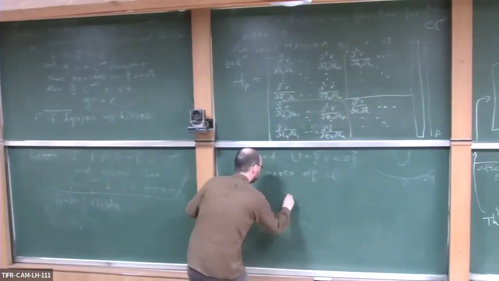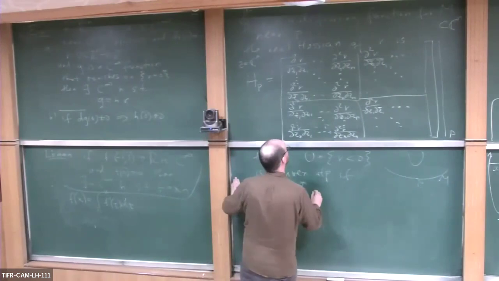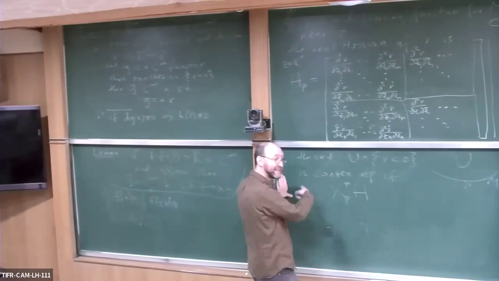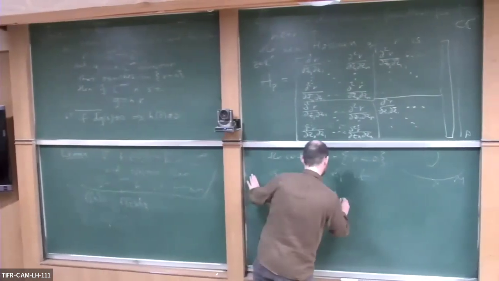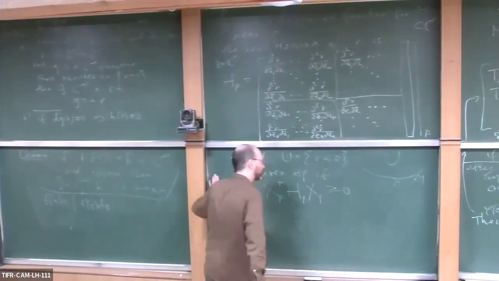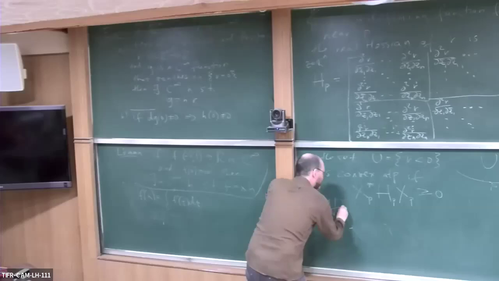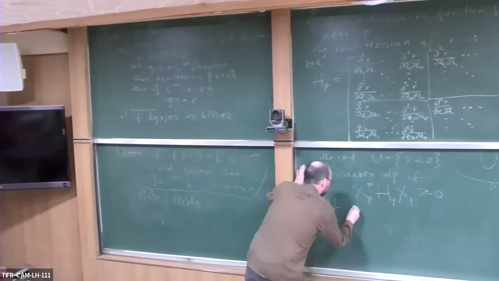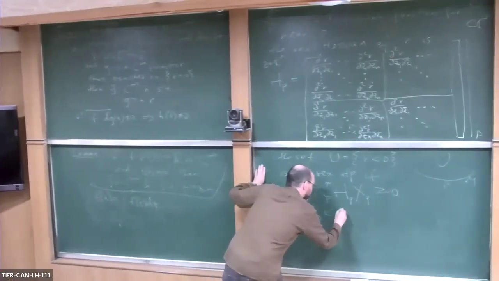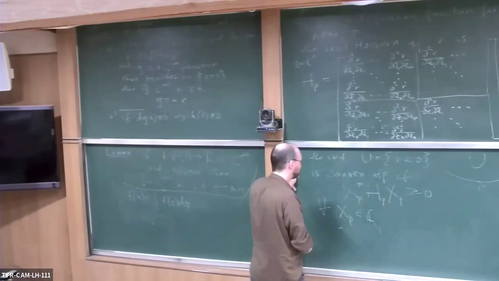If the Hessian, applying the standard inner product here, at P, is positive semi-definite, not for all X, but for all X_P in the tangent space. So I guess we use the complexified tangent space because we're complexifying.